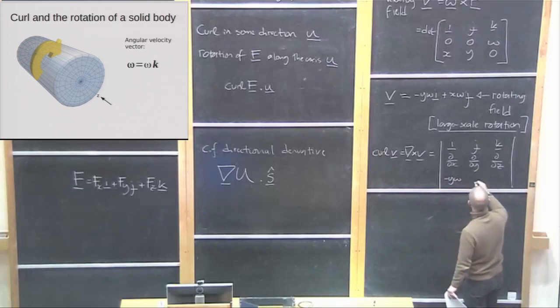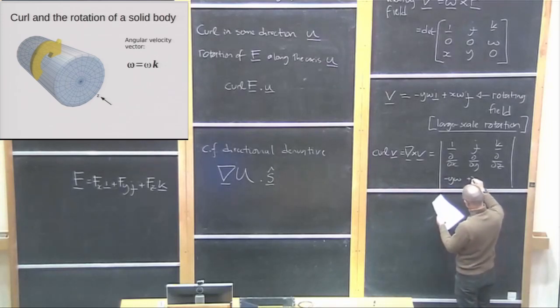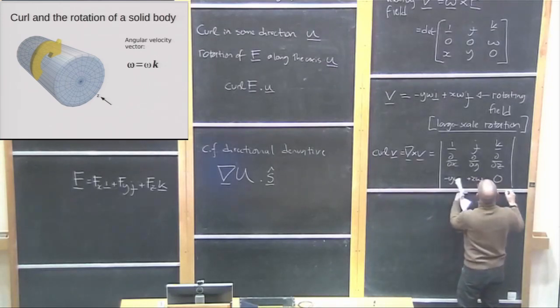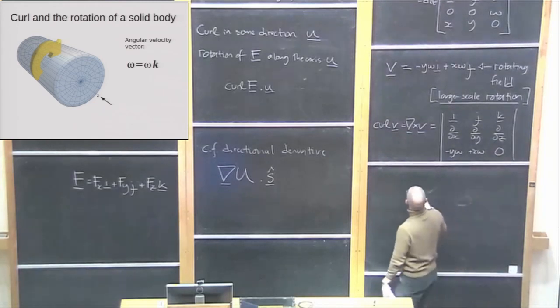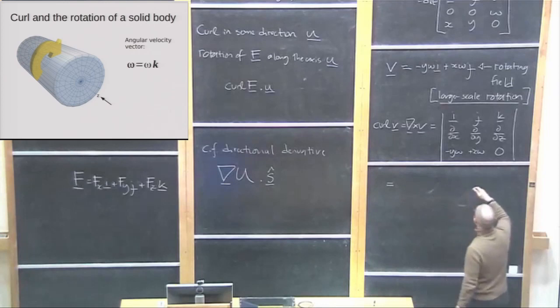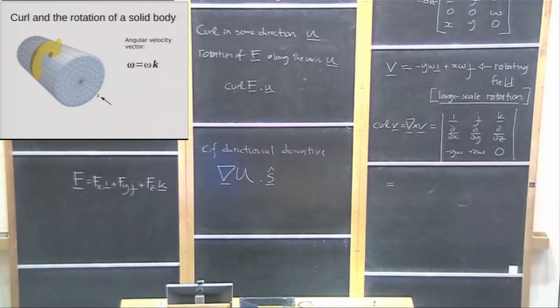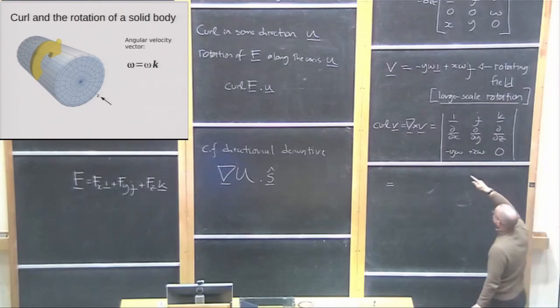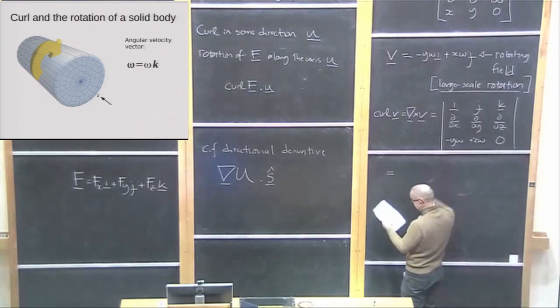My y component is plus x omega. And my k component is 0. Now again, you can already see that because my velocity field is only operating in the xy plane, the curl of this field is going to be in the k direction, and that's just going to tell you about the rotation in that plane. So that's exactly what we want.